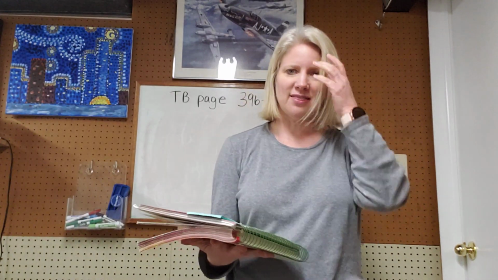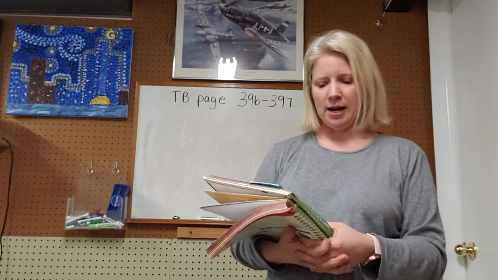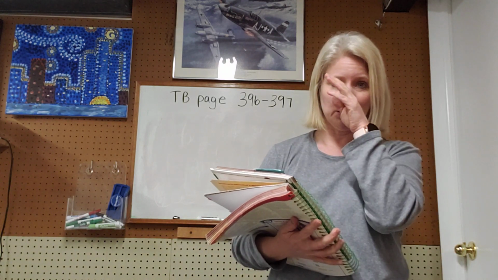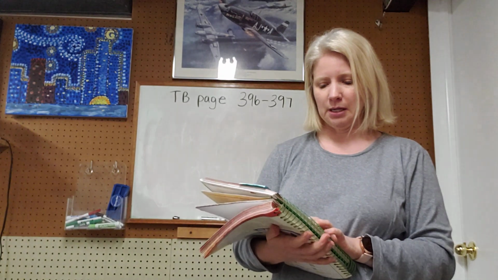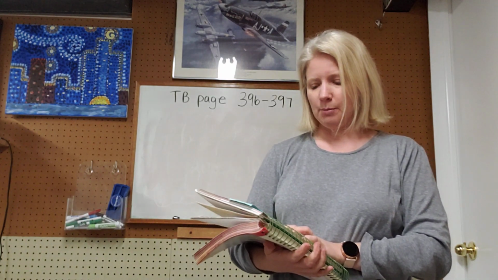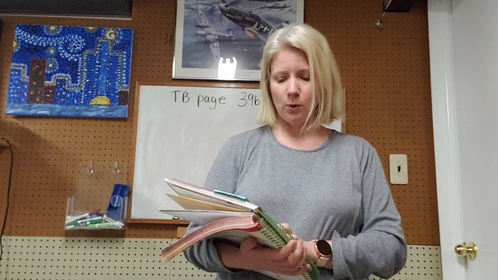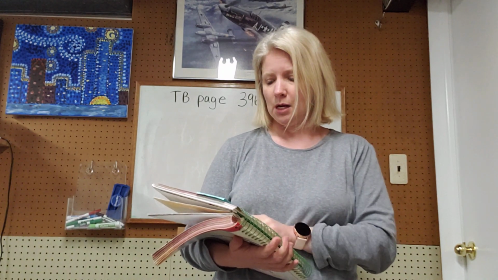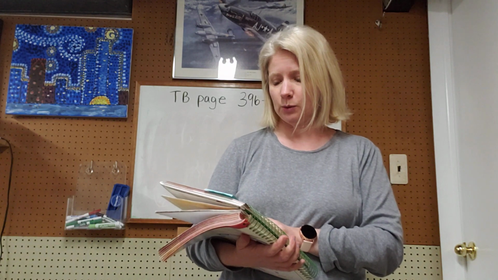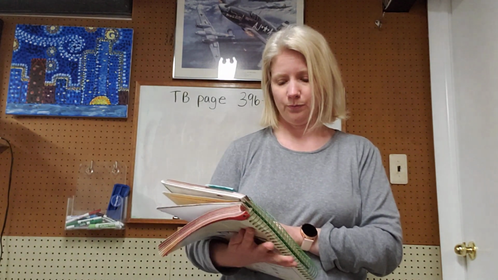Okay, let's check them. Number 7. It wanted 1/2 of 6, and your answer should have been 3, because 6 divided by 2 equals 3. Number 8, 1/4 of 8 equals 2, because 8 divided by 4 equals 2. Number 9, 1/2 of 4 equals 2, because 4 divided by 2 equals 2.